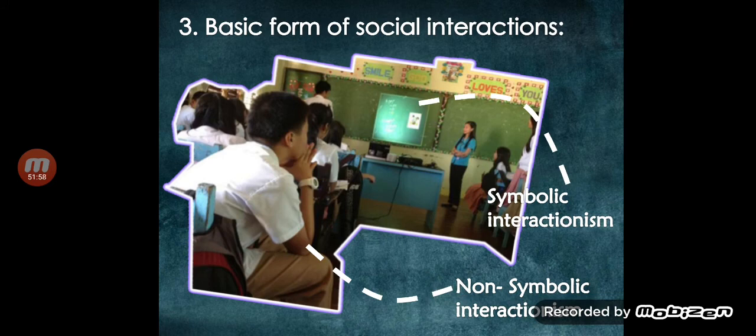So if you have moved to some other place which has a different culture from yours, there's a saying, na-culture shock ako. Because their culture is entirely different from mine, their perceptions and ideas are different from mine. At first, you will have your own idea on a certain situation or activity.